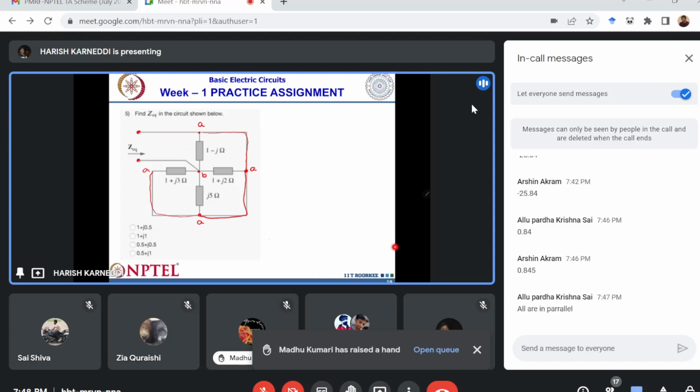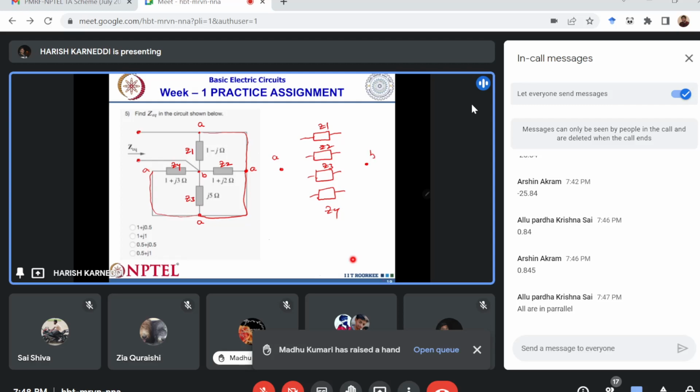So let us name them Z1, Z2, Z3, Z4. I'm just redrawing that. This is Z1, Z2, Z3, Z4. Z1 is connected in between. This is my A point.